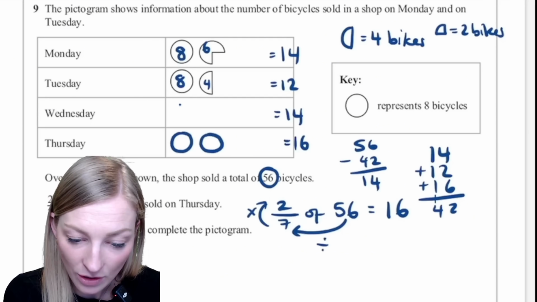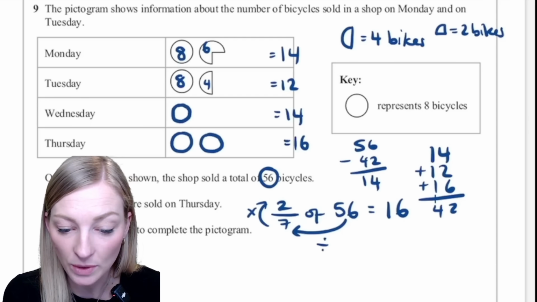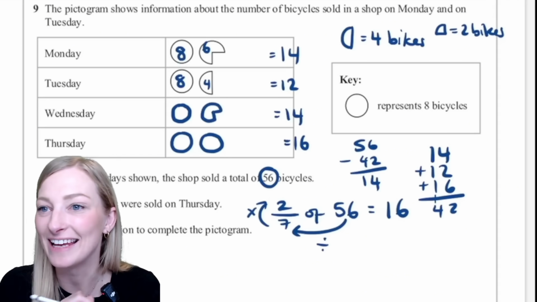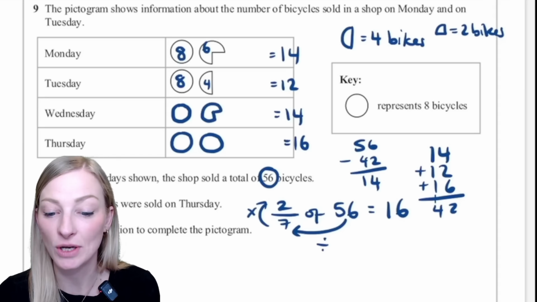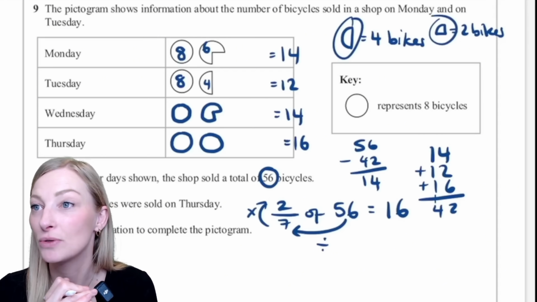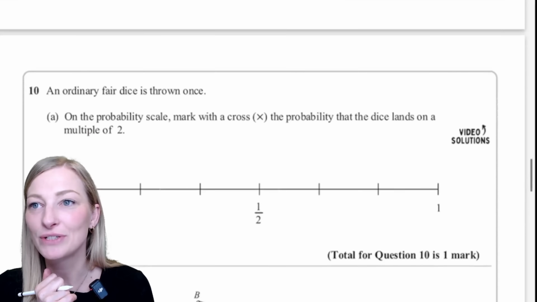And 14, we already know what that looks like from at the top. It's going to be 1 full circle, which is 8, and then 3/4 like that, which is 6. Do not draw the 3/4 separately. So don't do like one of these and one of these. It needs to be a continuous shape. So make sure that it looks like that, kind of like Pac-Man. There we go. That's 3 marks for that one.